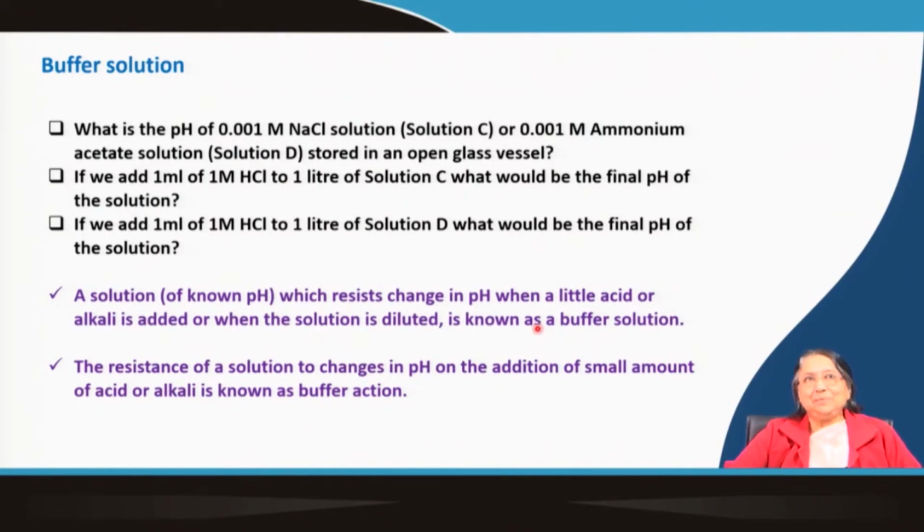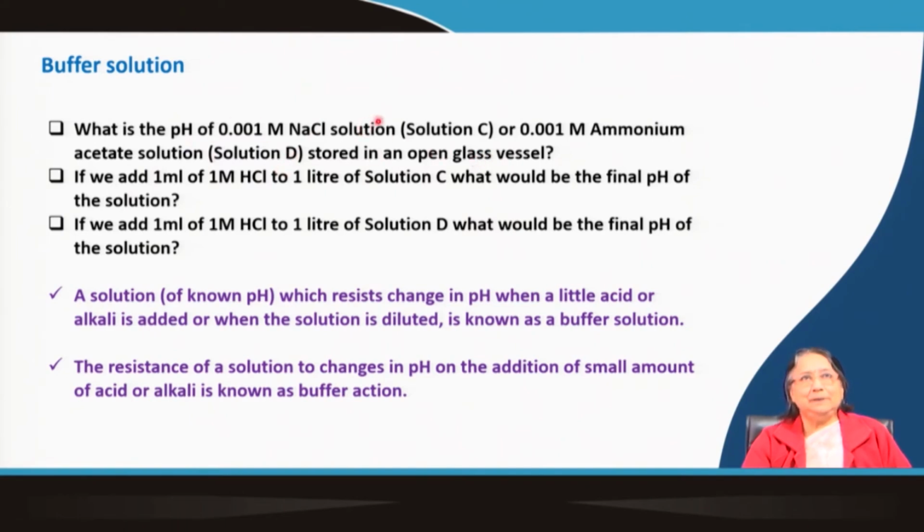Before going to that, I have two more questions. What is the pH of 0.001 molar NaCl solution? If I call it solution C, then what is the pH? And what is the pH of 0.001 molar ammonium acetate solution, if we call it solution D, stored in an open glass vessel?